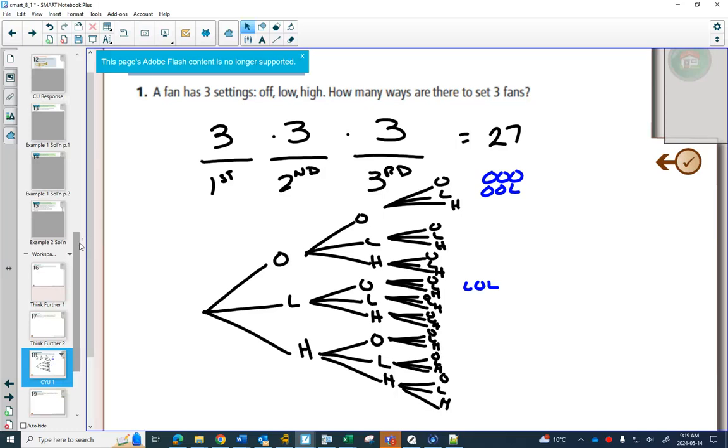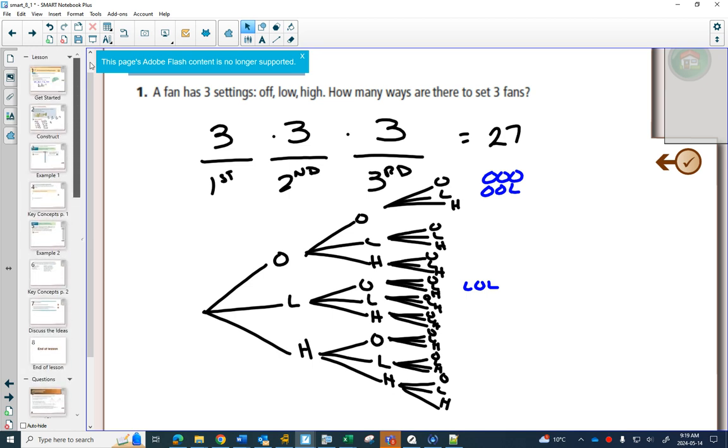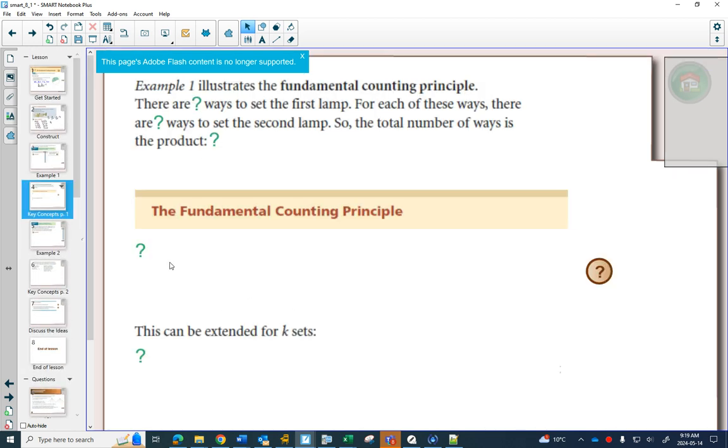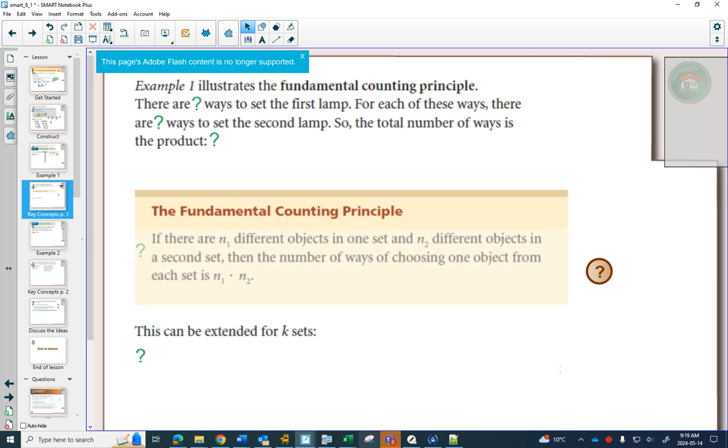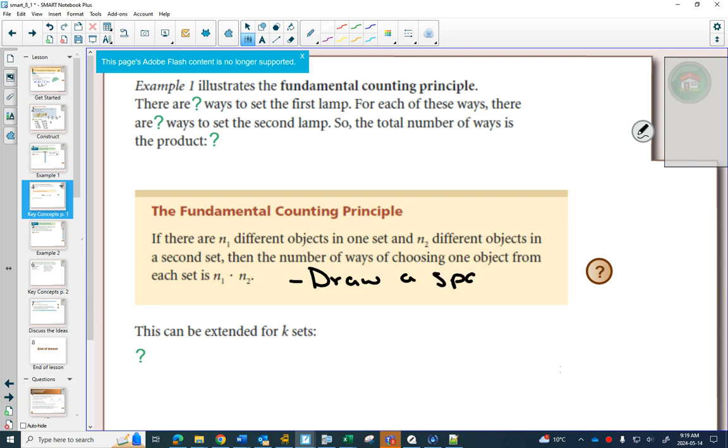So this is in our notes. We can highlight this as well. This is the fundamental counting principle in words. As an idea, you might want to add this. We're going to add a space for each decision.